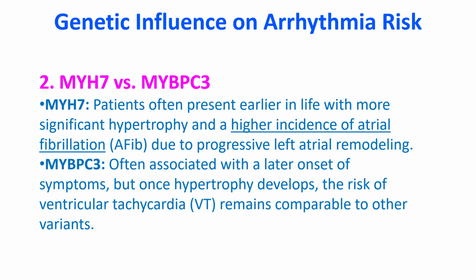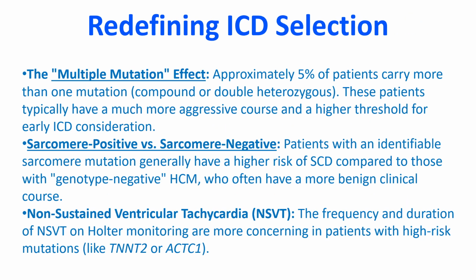MYBPC3 mutation is often associated with a later onset of symptoms, but once hypertrophy develops, the risk of ventricular tachycardia remains comparable to other variants. Current guidelines primarily use clinical markers for ICD placement, but genetics is increasingly being used to tip the scale.